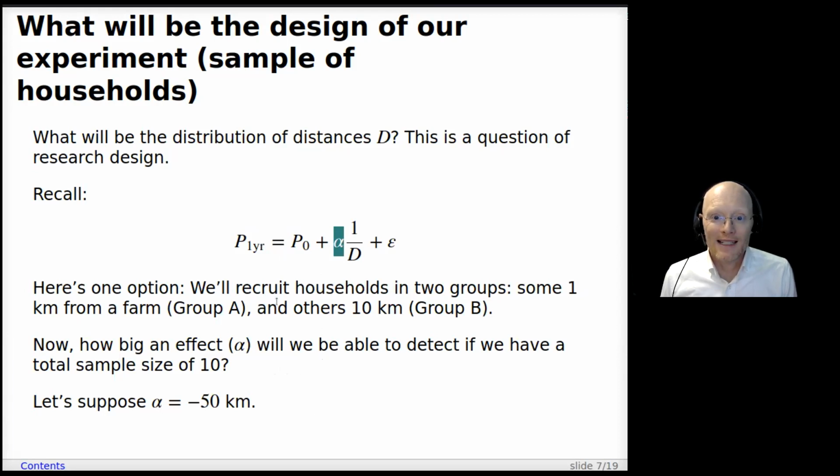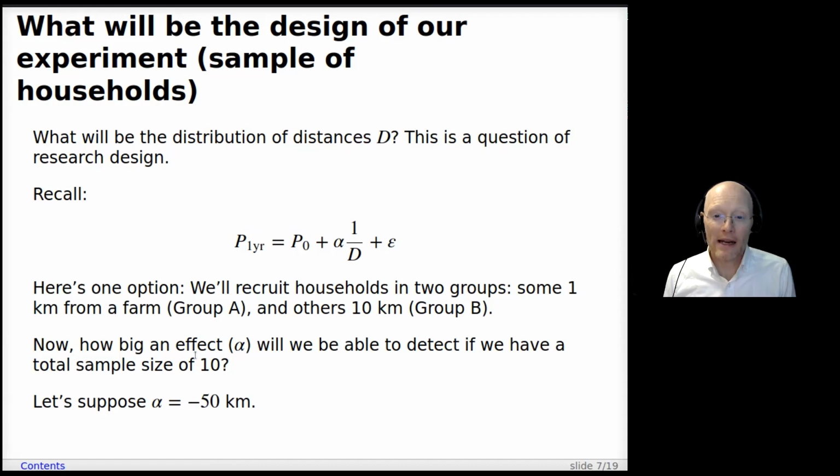But we've just seen that the natural variation, captured by this epsilon term, in other words the natural variation in hives, is going to fuzz out any effect just partly from this difference in proximity to pesticides. So the question is really, how big an effect of alpha will we be able to detect if we have a total sample size of 10?